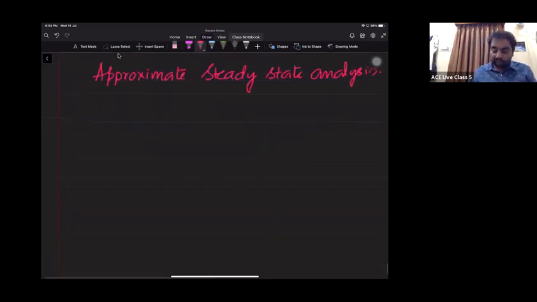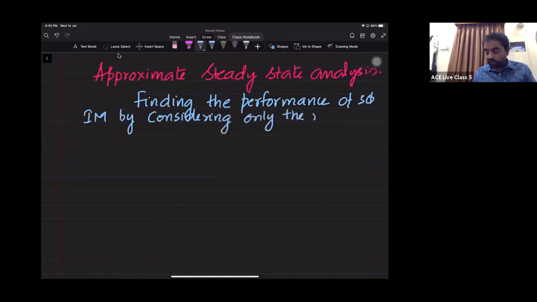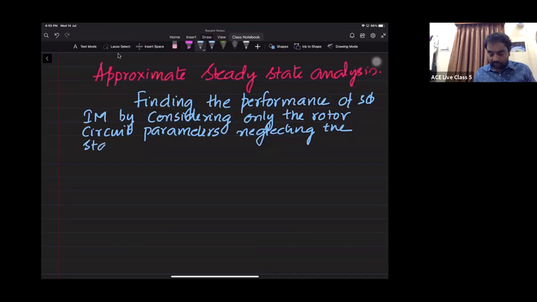So approximate steady state means finding the performance of a three-phase induction motor by considering only the rotor circuit parameters, neglecting the stator circuit parameters. Is it clear? Confirm me.